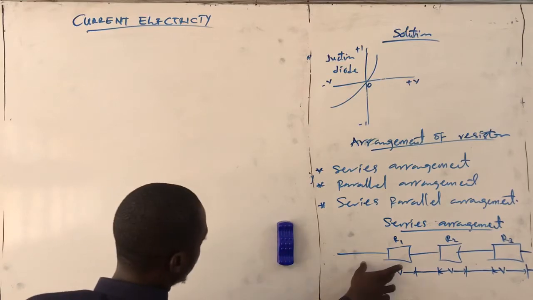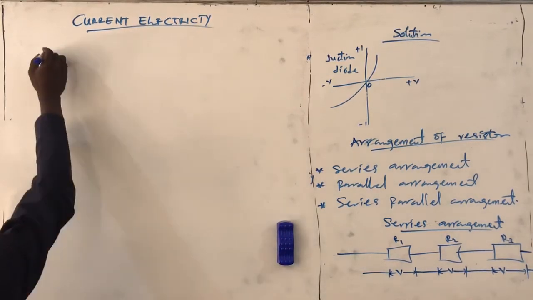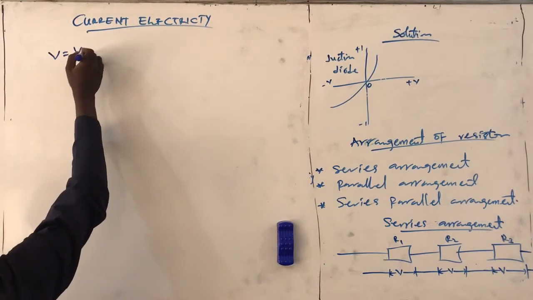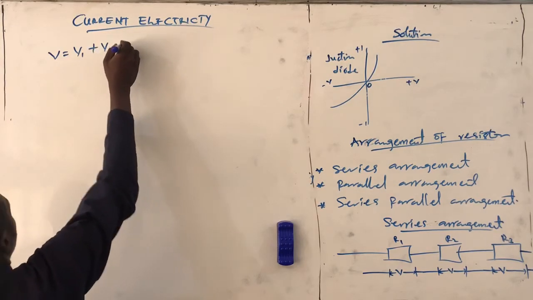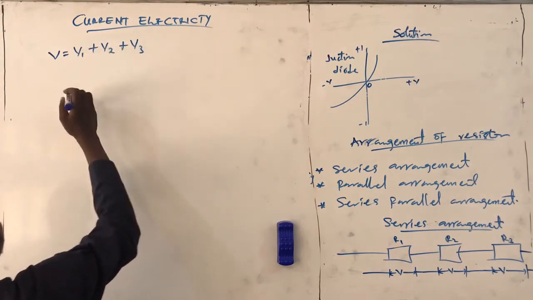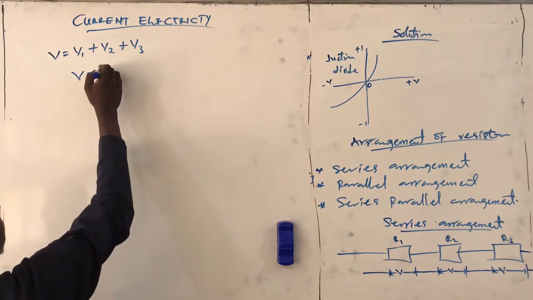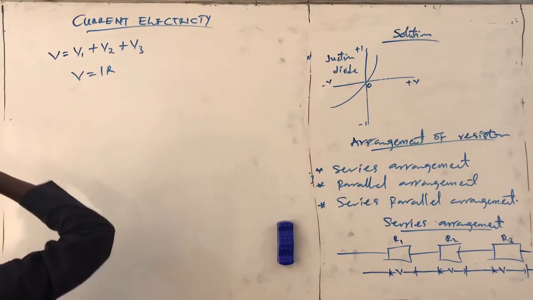Now, to calculate the equivalent resistor, you can say that V is equal to V1 plus V2 plus V3. From Ohm's law, we know that V is equal to IR.